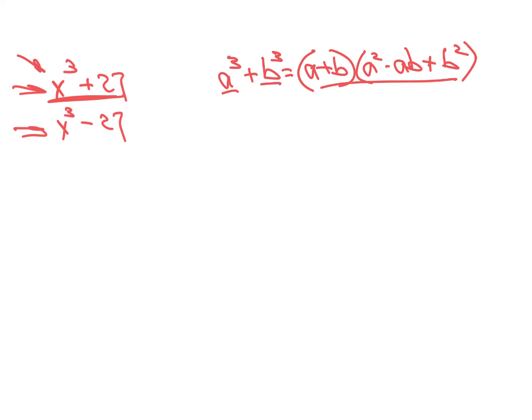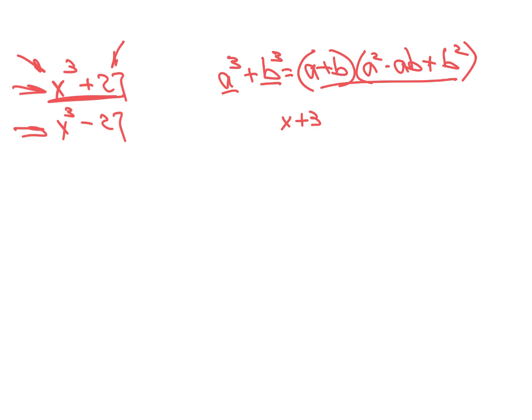So we cube the first term, we cube the second term, so what's that going to look like? The first term is an x, no variable, no exponents there, just the variable, plus b. What is b? b is 3, okay? What number times itself 3 times is going to give us 27?